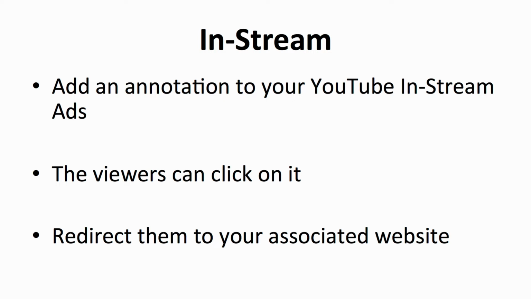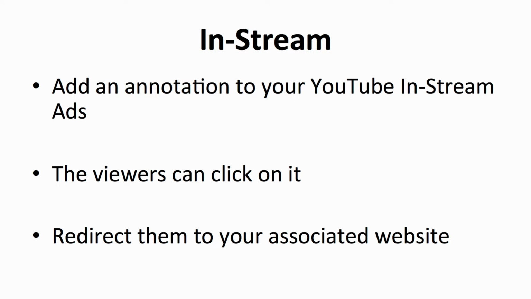The next method that allows you to build your list from your YouTube channel is by editing the annotation to your YouTube in-stream ads. You can tweak some links here to direct your viewers to your homepage or squeeze page. For the display URL, type in your homepage or associated website. This will create a link in your in-stream ad which the viewers can click on.